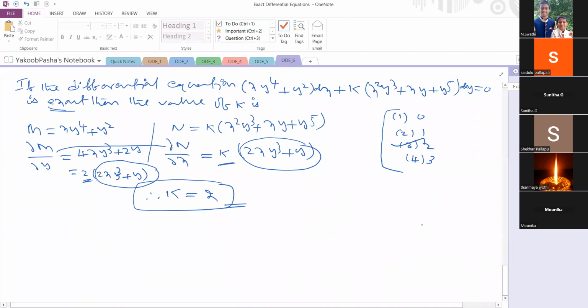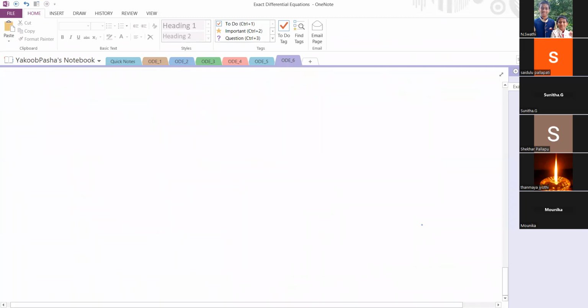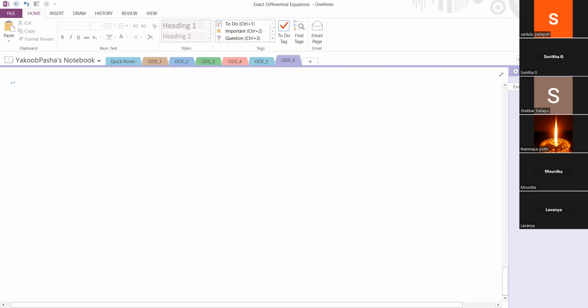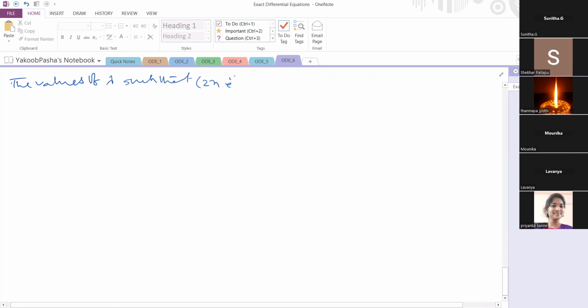The values of lambda such that 2x e power y plus 3y square into dy by dx plus 3x square plus lambda into e to the power of y is equal to 0 is exact.